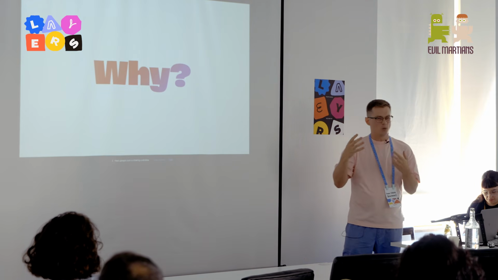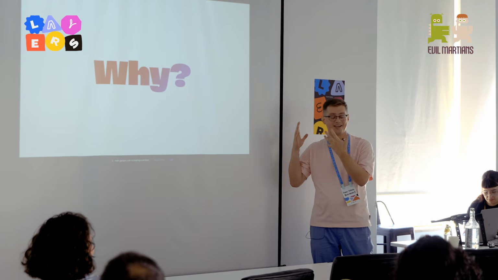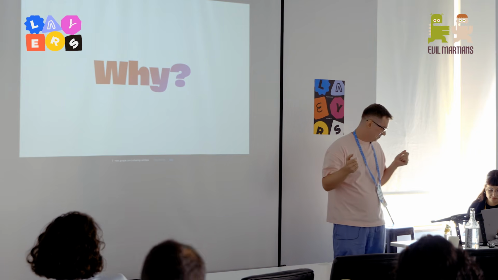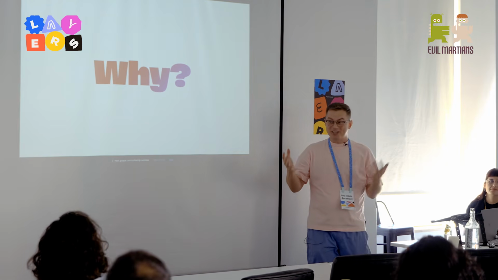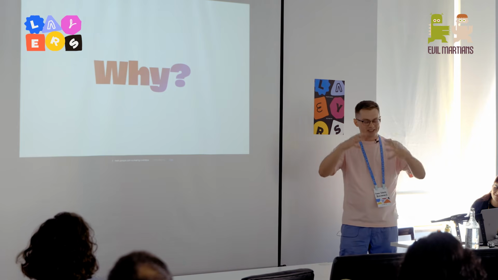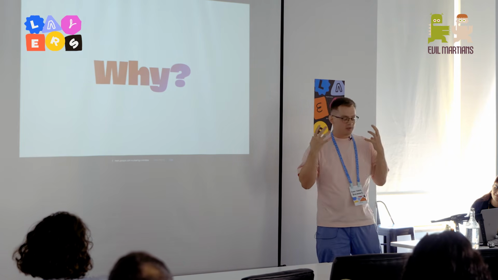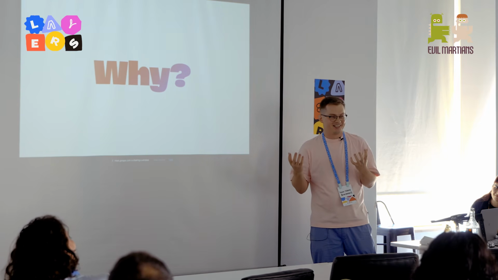For God's sake, why did you need all this circus with colors? And the answer is, because I can. Because OKLCH makes all this transformation, all this control so easy, so predictable that I just couldn't resist.